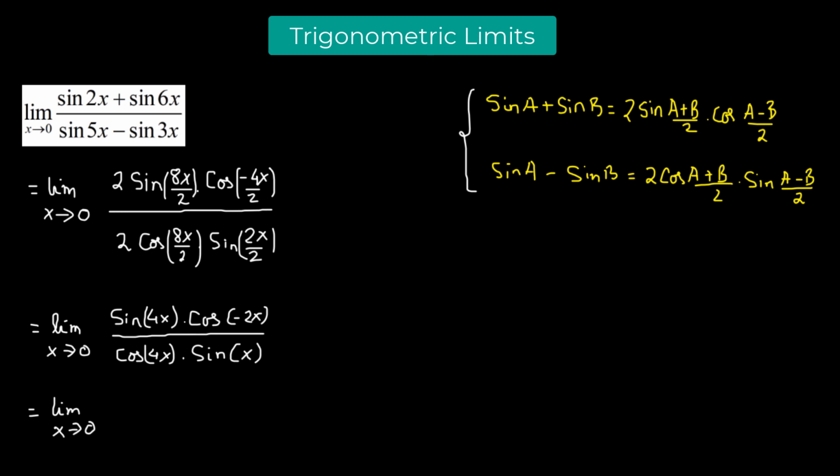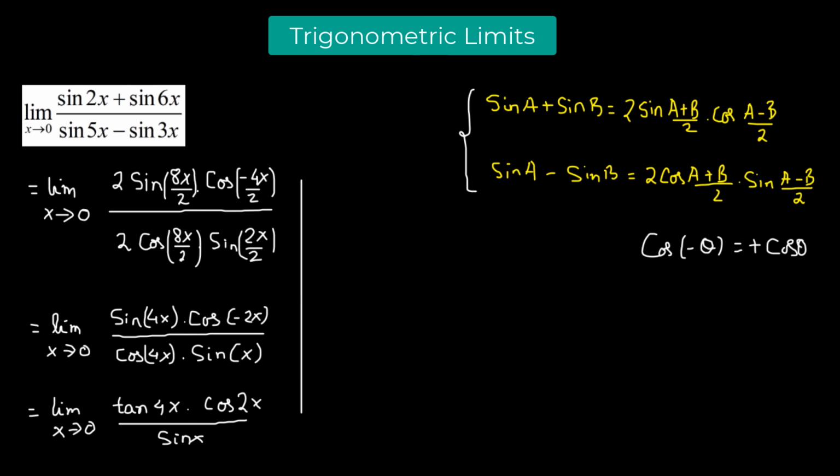The ratio sine 4x over cosine 4x will become tangent of 4x, times, we know that cosine of negative theta equals plus cosine of theta, so cosine of negative 2x becomes cosine of 2x, divided by sine x.